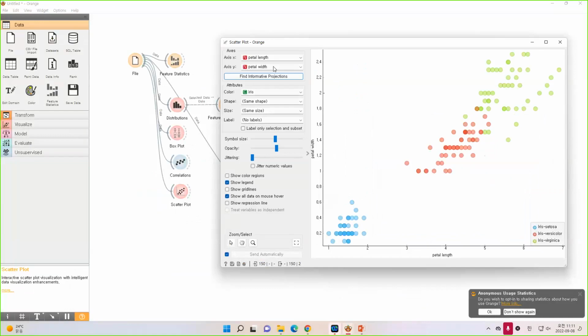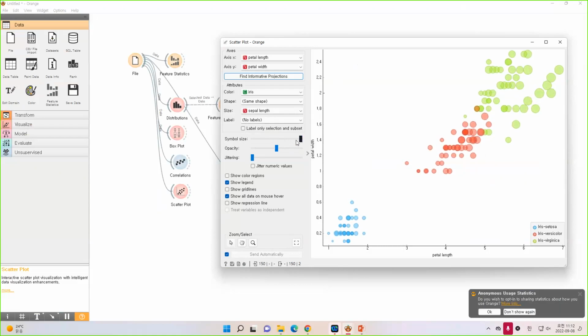Let's say I also want to check with another attribute, maybe sepal length. You can see that now the size changes. Maybe it's not that obvious, because the numbers are very small.